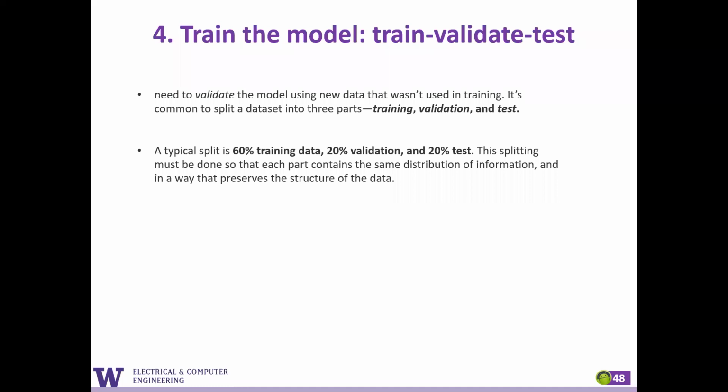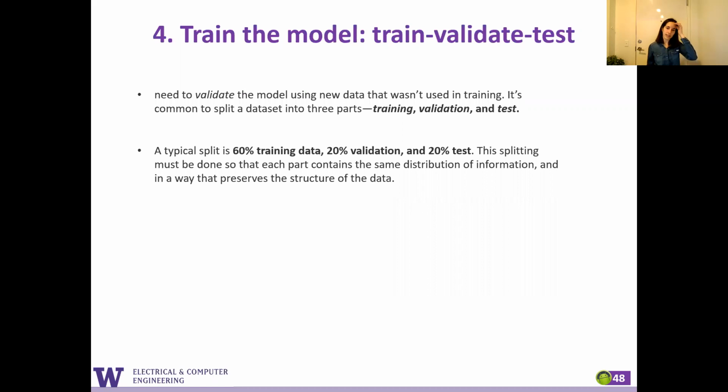Yes, the last part is, once you have the whole data set for training the model, you would want to break the data set into training, 60% of the data, 20% validation, and 20% test.